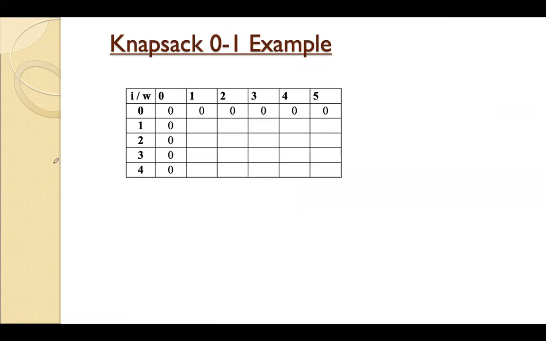Rows are indicated by the value I, columns by the value W. In the program it is I and J. Here manually this table was already there.